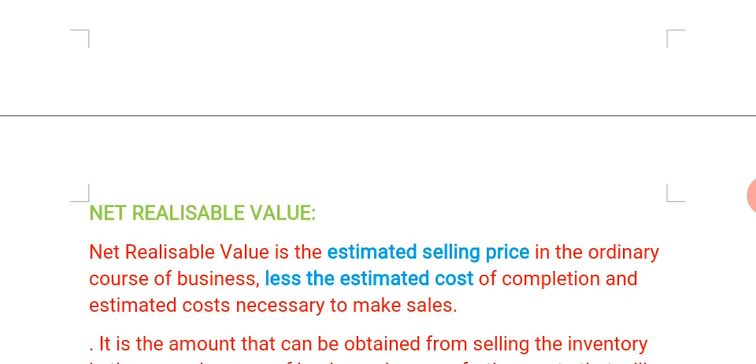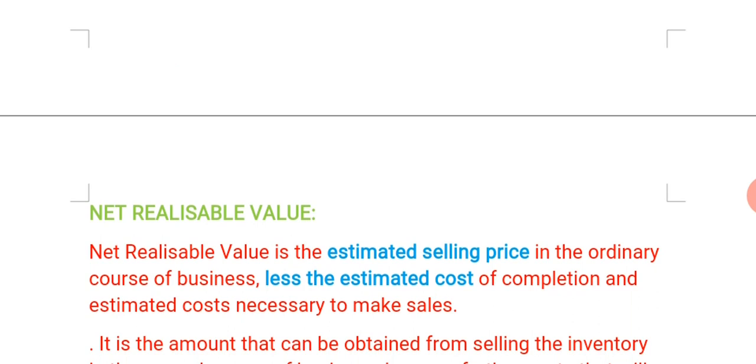Now, when your cost is hard to determine, or it's not really clear how much you spent on it, if you can't measure at cost, you have the option of measuring at net realizable value. But you have to value the cost first and the net realizable value and pick whichever is lower.